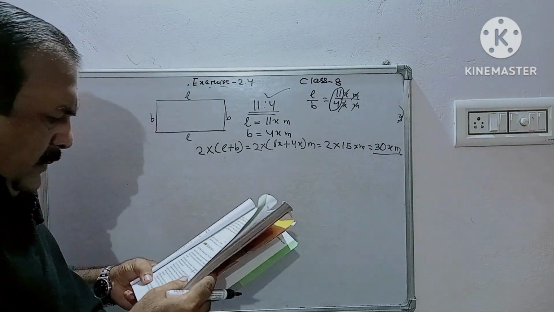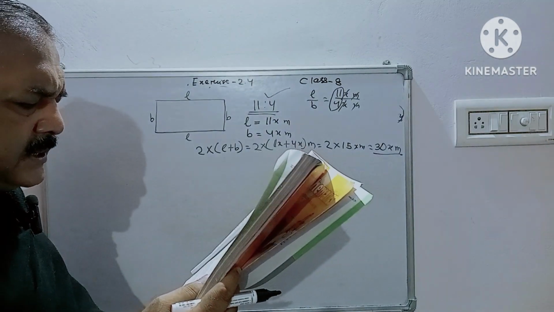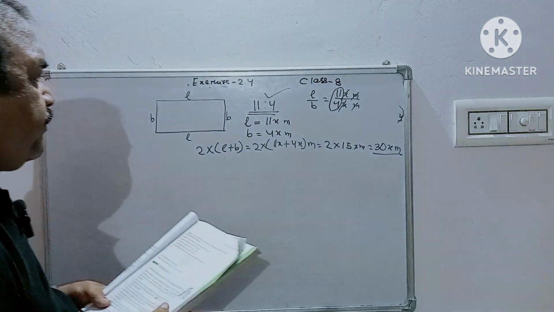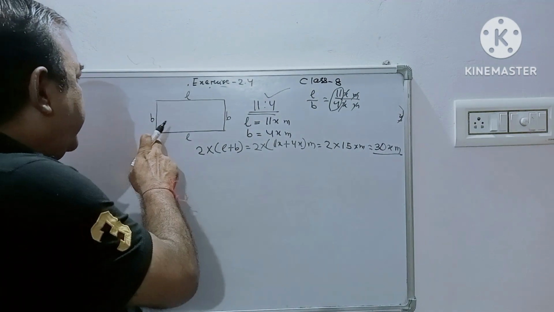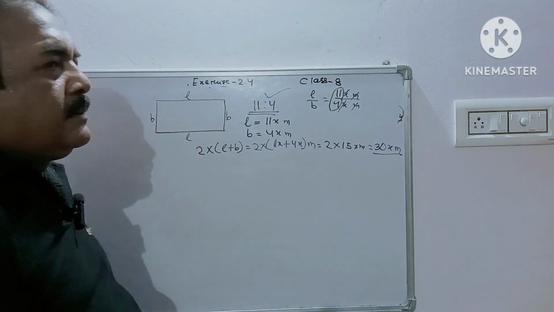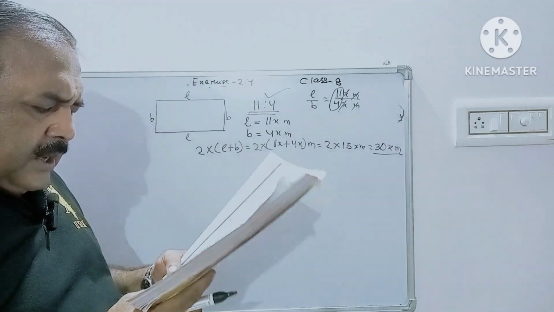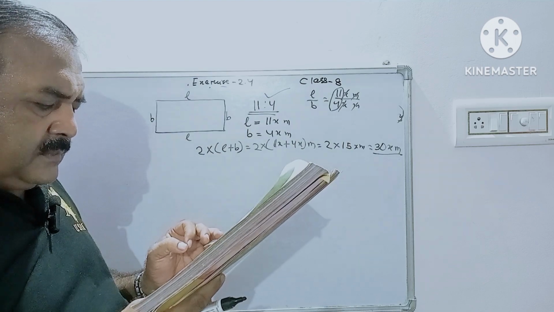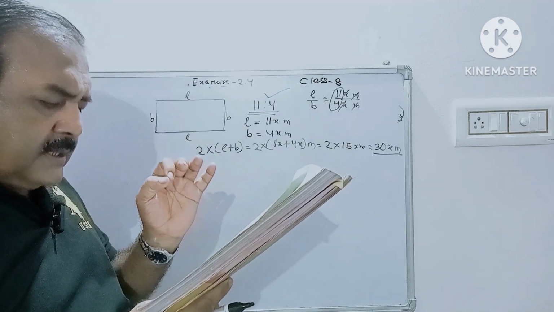And at the rate of 100 rupees per meter, it will cost the village panchayat 75,000 to fence the plot. So you see, to fence 1 meter of the rectangular plot, the cost of fencing is 100 rupees. And the total expenditure has been 75,000 rupees.